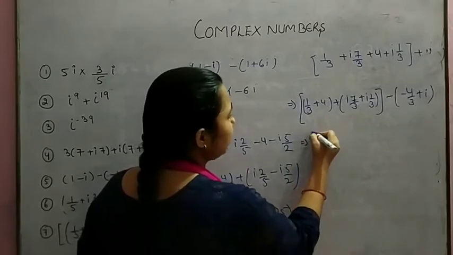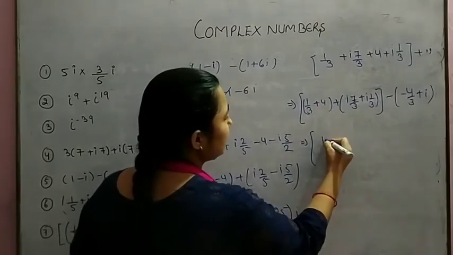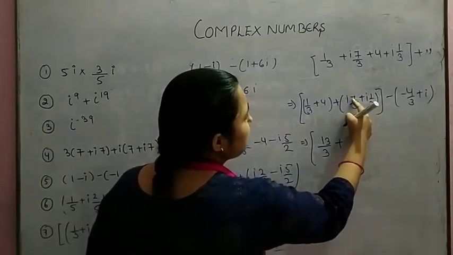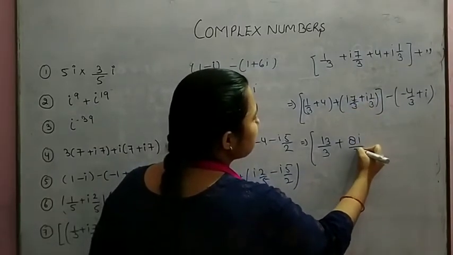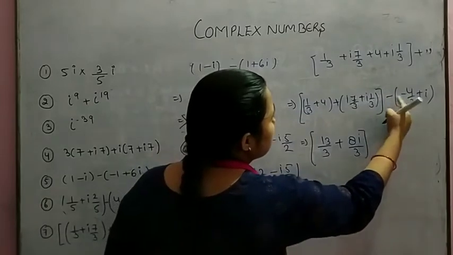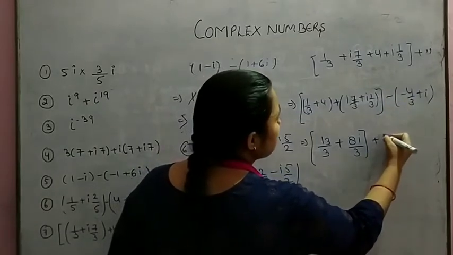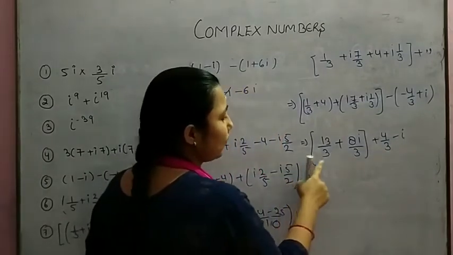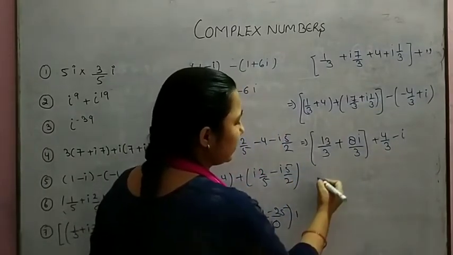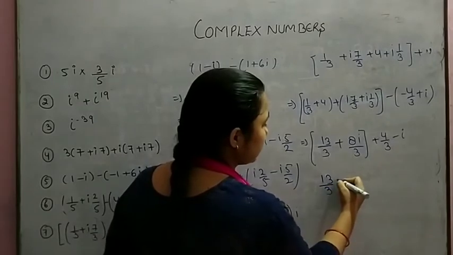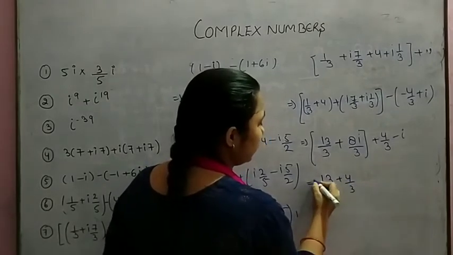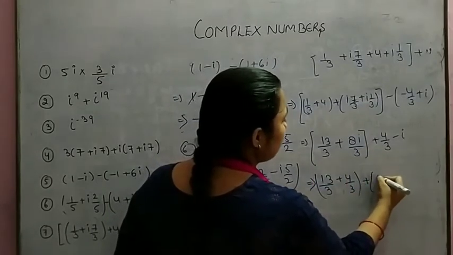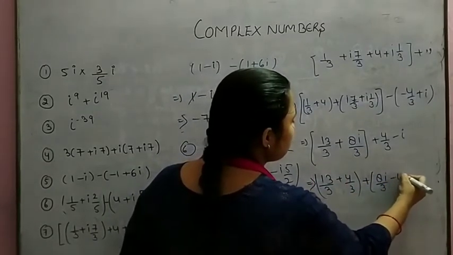Now taking LCM we get 3 4s are 12 plus 1, 13/3, and plus 7 plus 1, 8i/3. Just shifted this minus in the bracket, we get plus 4/3 and minus i. Again just open this square bracket and separate the real part together, that means 13/3 plus 4/3, and imaginary part together, that means 8i/3 minus i.